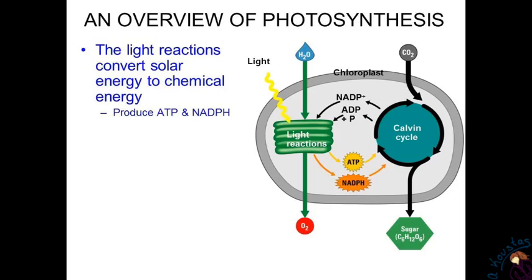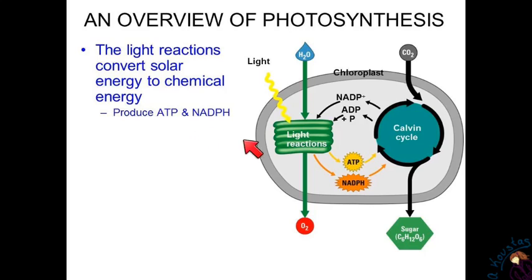If you recall from earlier in the year, every time you create a bond, energy needs to go into the bond. In addition, it's also going to need electrons. So the energy and the electron molecule, that's going to be created in the light reactions. Our energy molecule is called ATP.